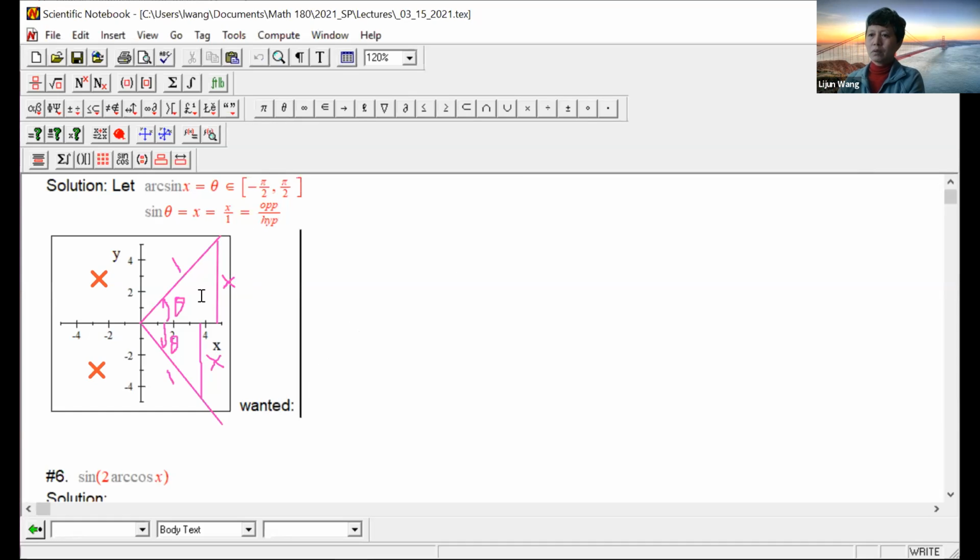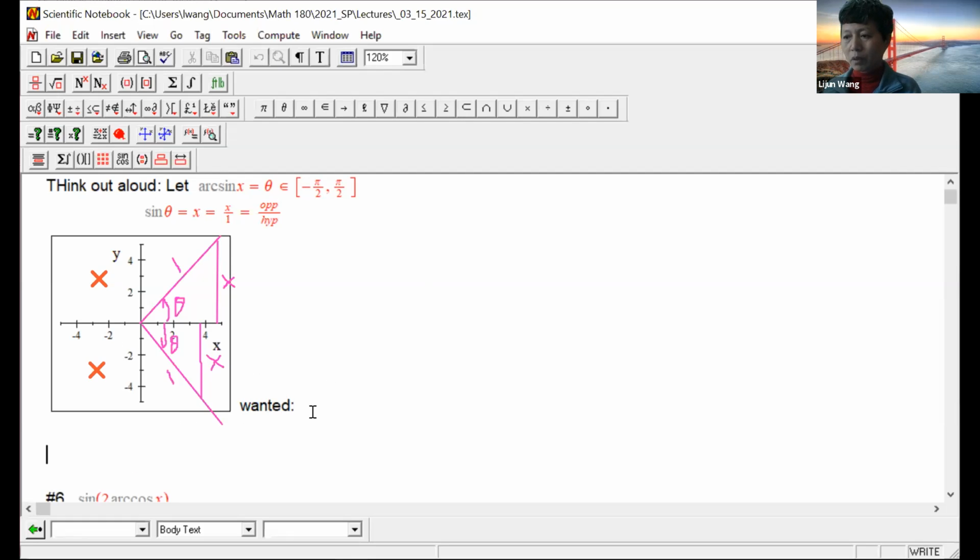Okay, so that makes this like thinking out loud. I will show you a piece of work. Right now I'm treating this as scratch paper. So what is wanted is tangent 2 times arc sine x.